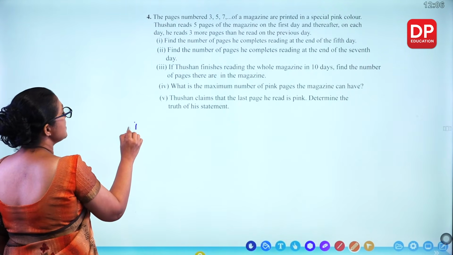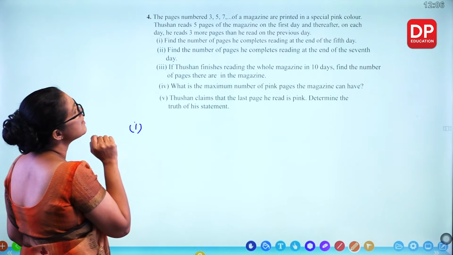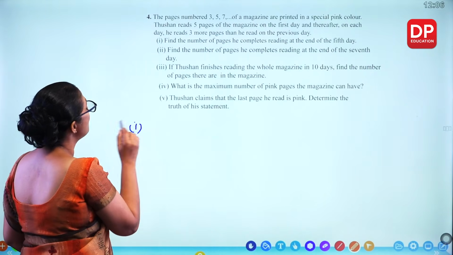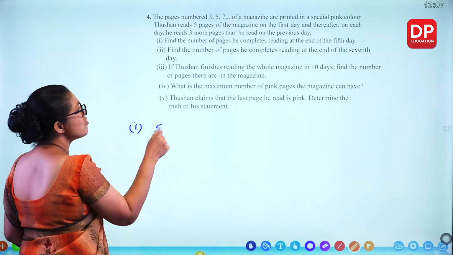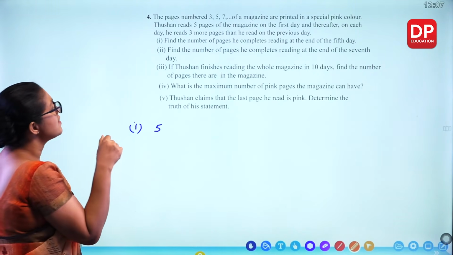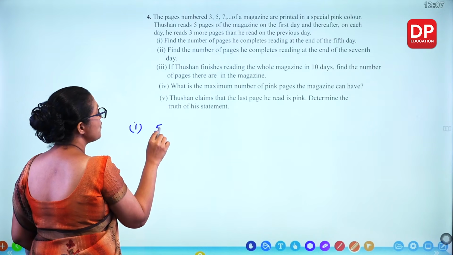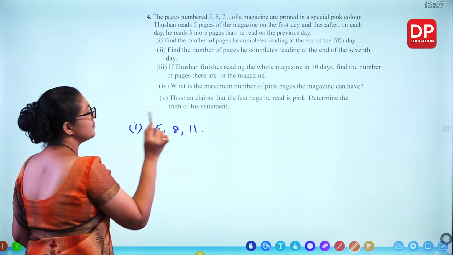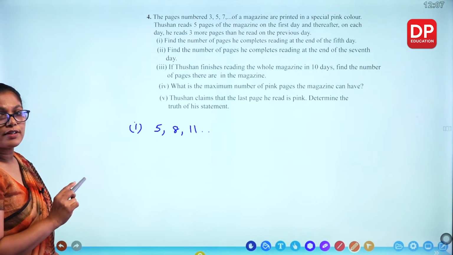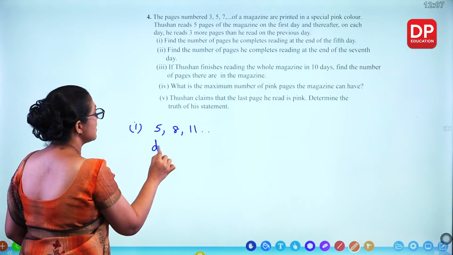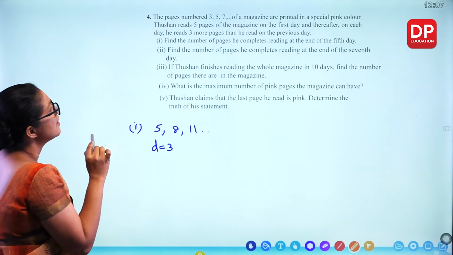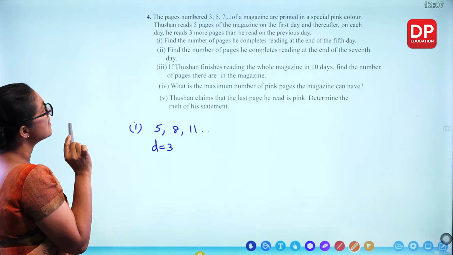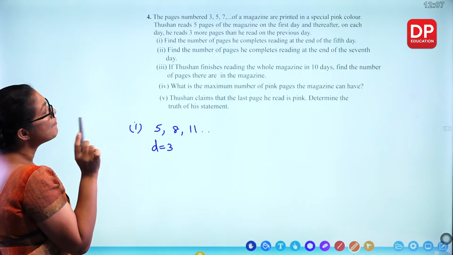So that means starting value is 5. Each day he increases the pages by 3. So what's the next one? 8, 11, like that. So the common difference is 3. And what's the 5th day?